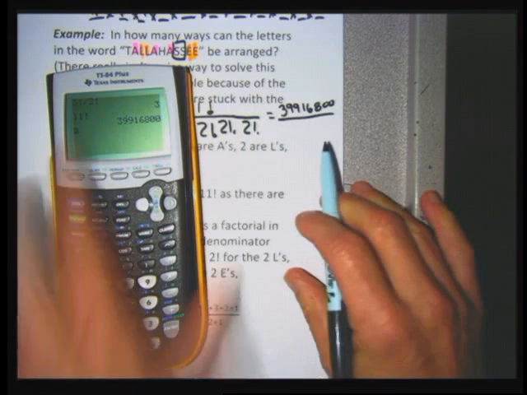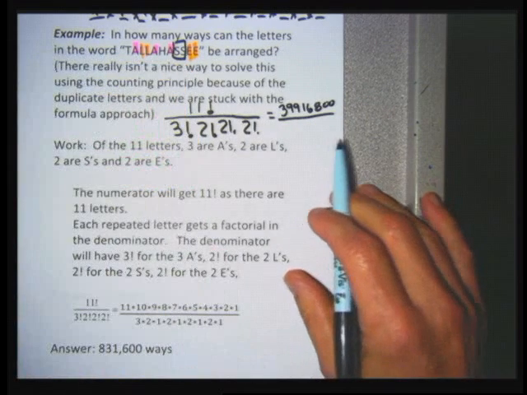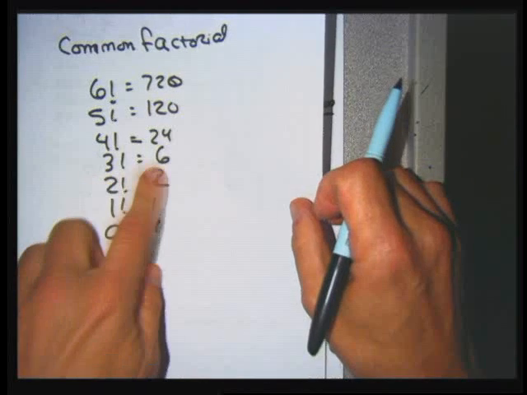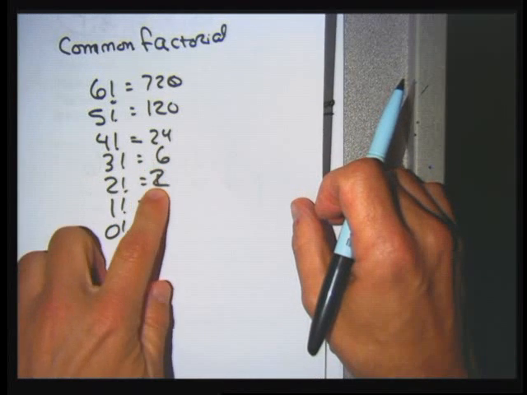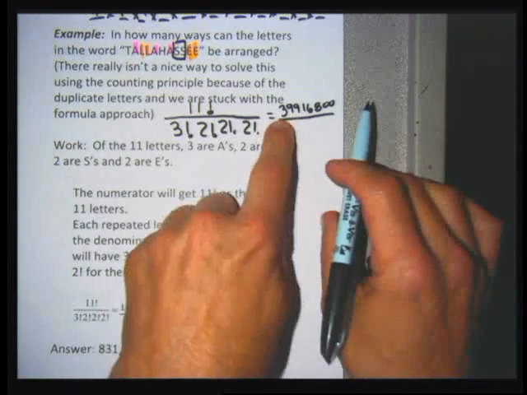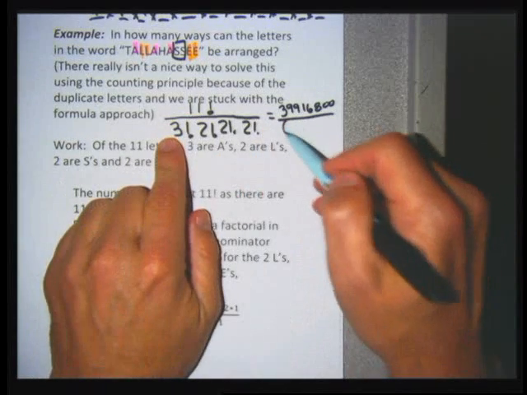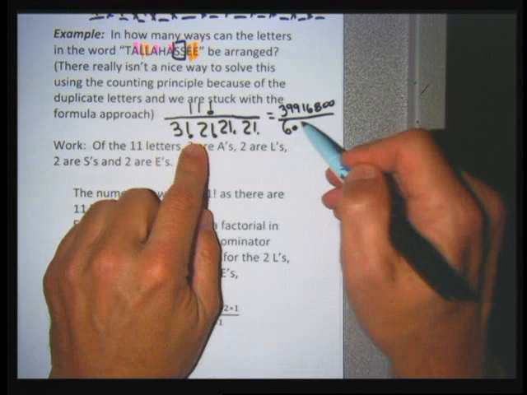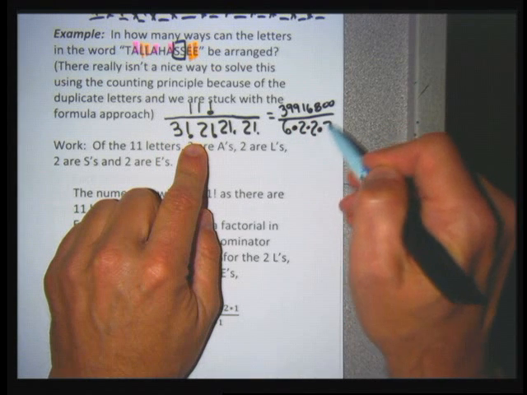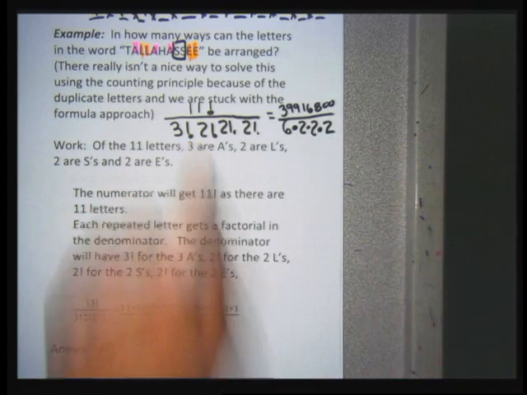And then the denominator is 3 factorial times 2 factorial times 2 factorial times 2 factorial. 3 factorial is 6, 2 factorial is 2. So I can translate this problem into this huge number divided by 6 times 2 times 2 times 2.